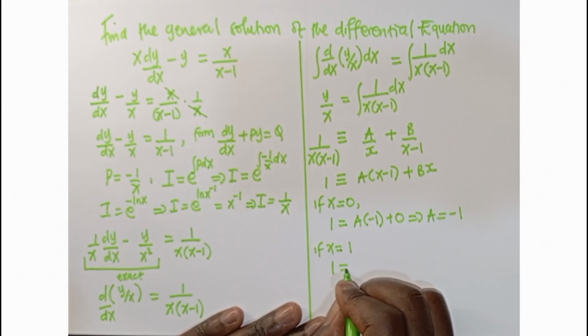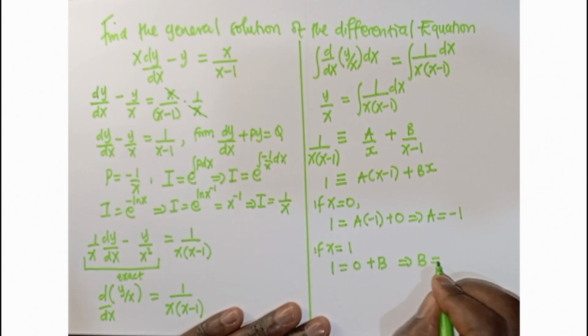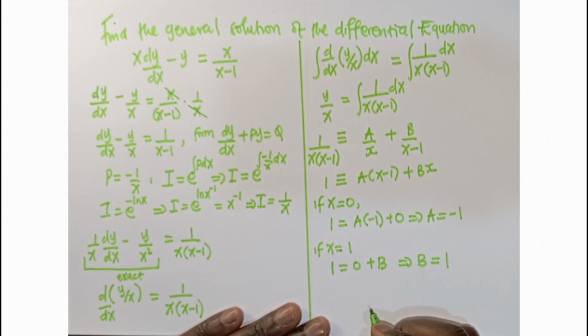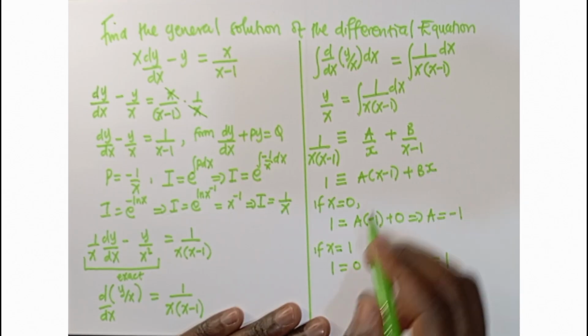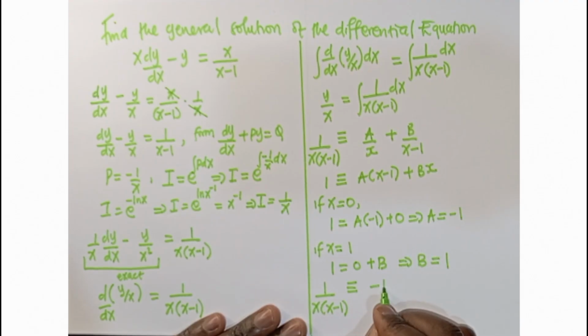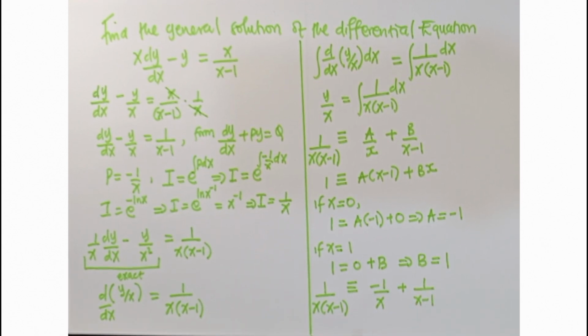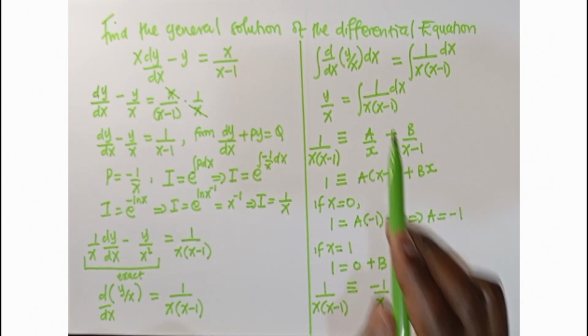So we shall have 1 is equal to 0 plus b, giving us b as 1. Now if we put a and b back here, we have 1 out of x into x minus 1 identically equal to negative 1 out of x plus 1 out of x minus 1. Then we can put them back and integrate.